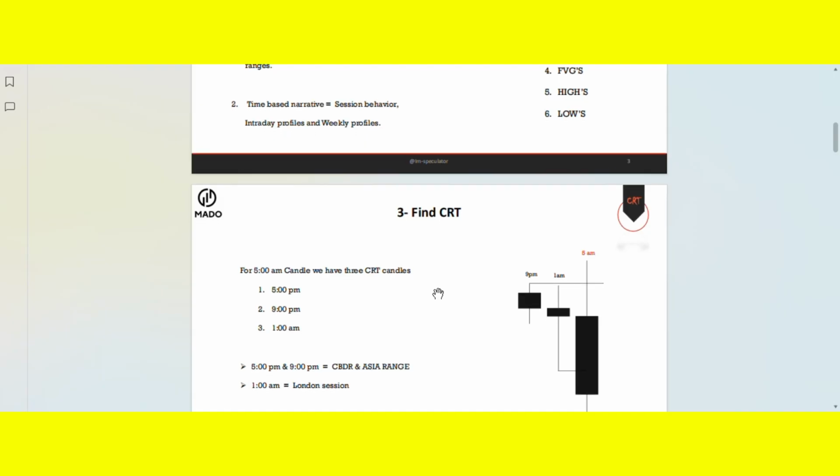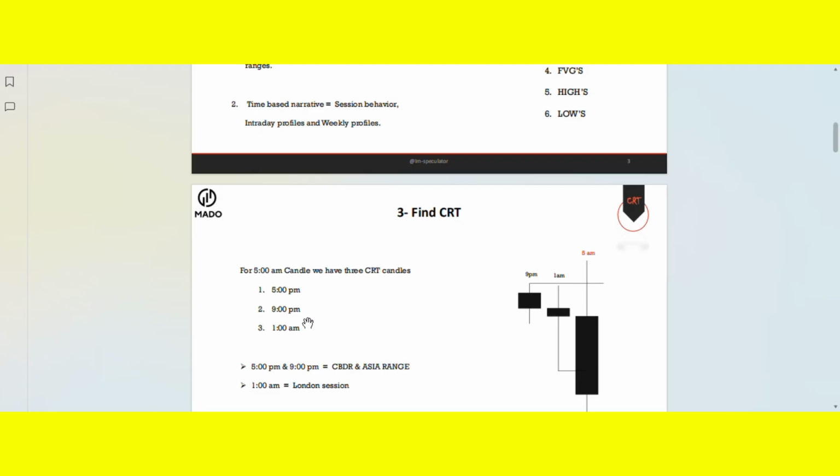The third step of trading 5am CRT is to find the CRT. For the 5am candle, we have 3 CRT candles.